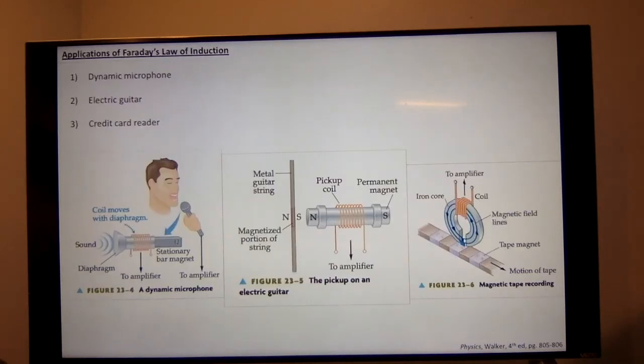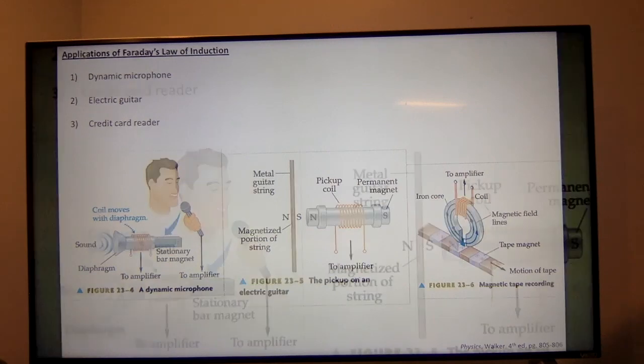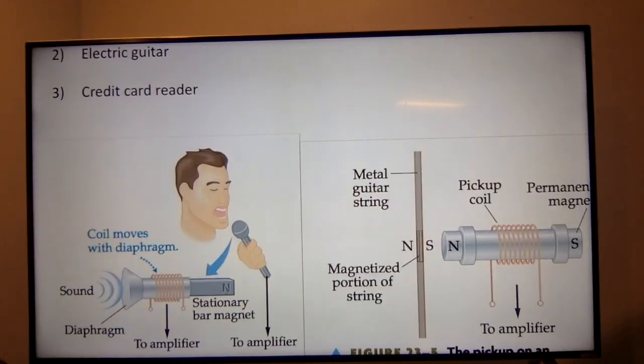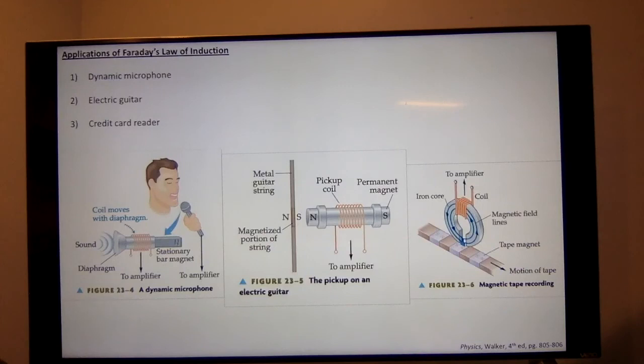Which brings us to the last slide, which has some other examples that are around us all the time that use Faraday's law of induction. First of all, there's this man that's doing some serious singing. He's singing into a microphone. The way the microphone actually takes sound and converts it into an electrical signal is through means of a coil of wire.